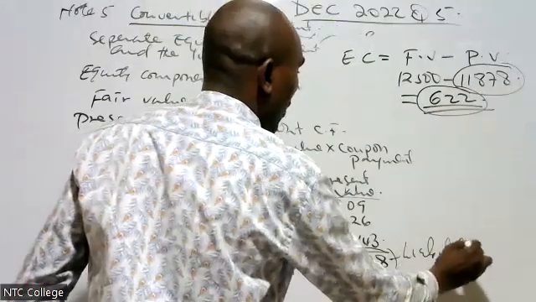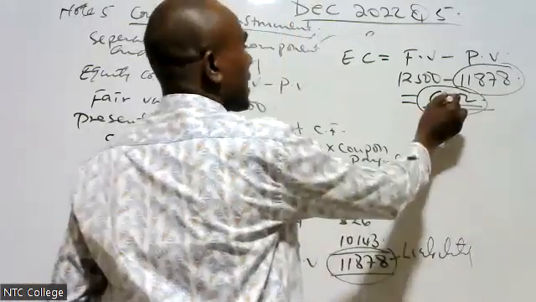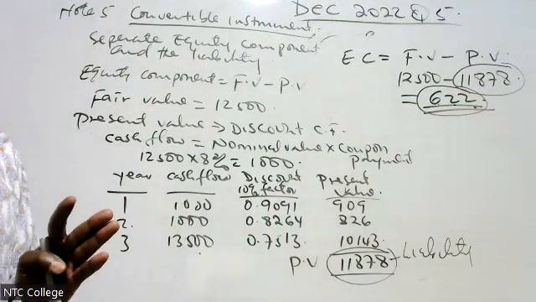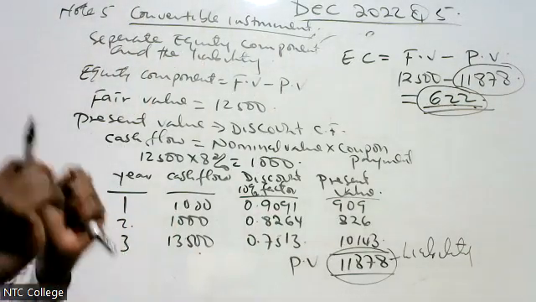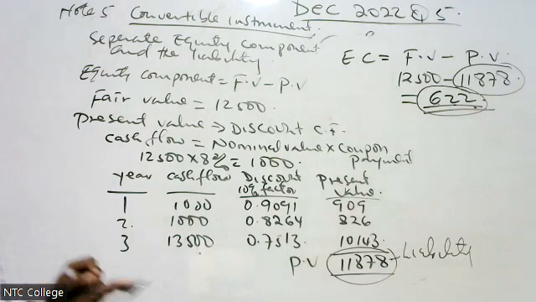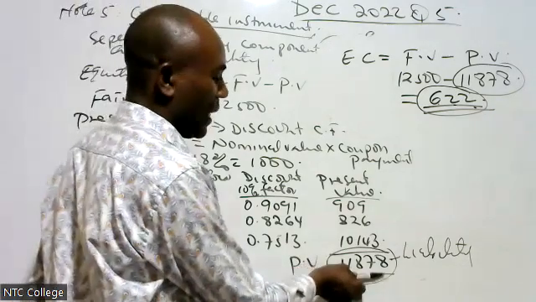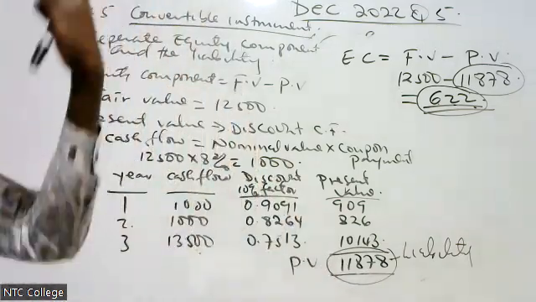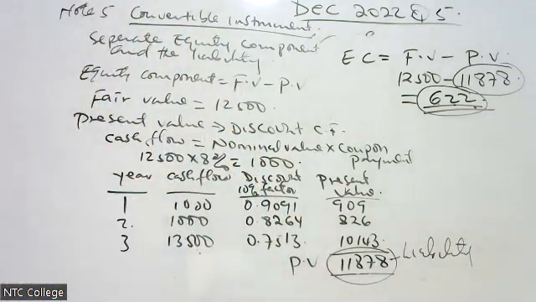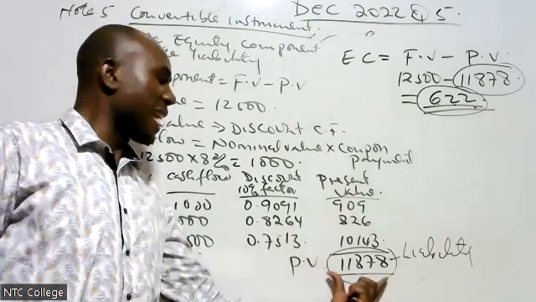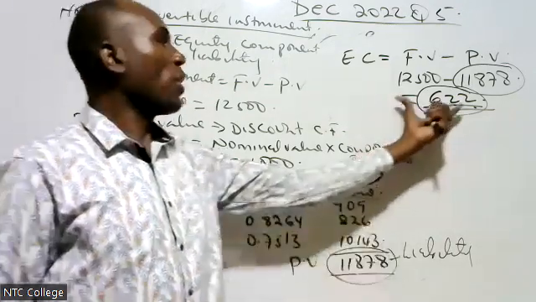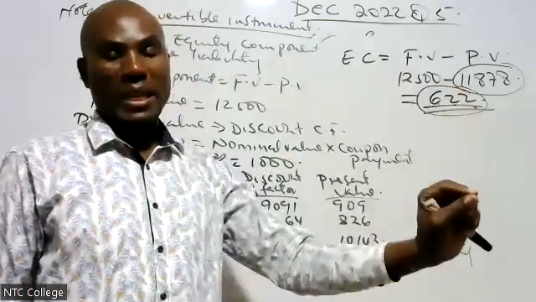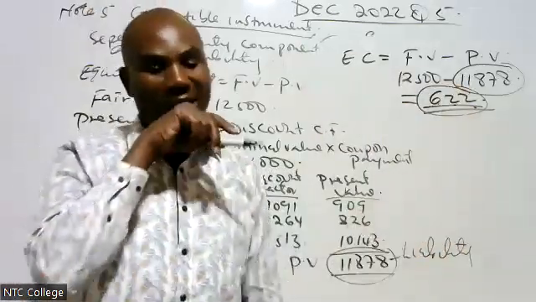The 622 is our equity component. The present value forms our liability. When we go to the balance sheet, we report this as a liability, and we report this 622 as the equity component.